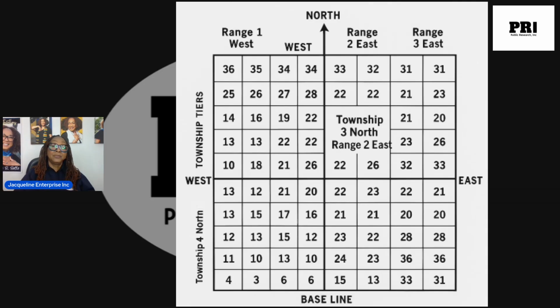And then if you look at your township, can you guys see this? I want to make sure that you're seeing that, because your townships are going to run in sections that are north and south.